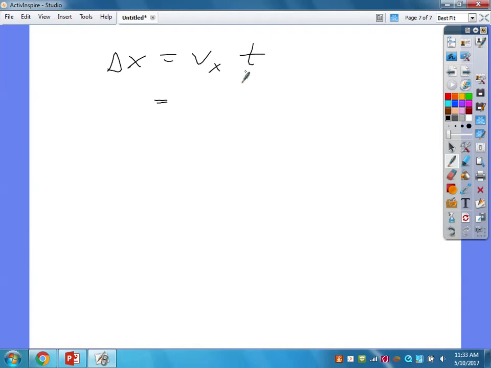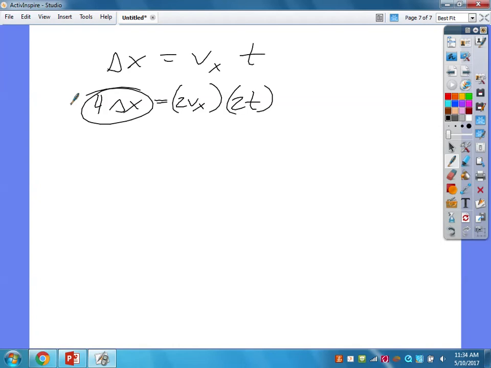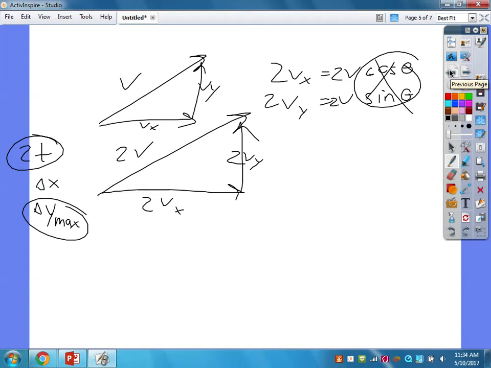They go, oh, I just learned it doubles the time, so that'll double the range. Wait a minute, what else did we also do? We also doubled vx. So 2 times 2 is 4 times the range. If it's in the air for 2 times the amount of time, I'm actually able to quadruple the range because my velocity also doubles. So I'm going to have 4 times the range.